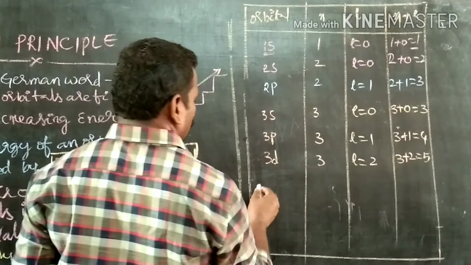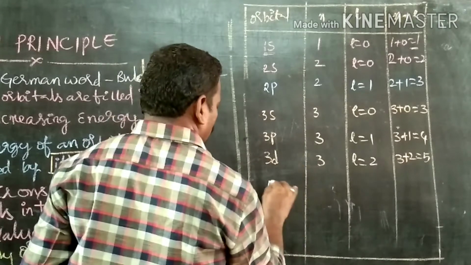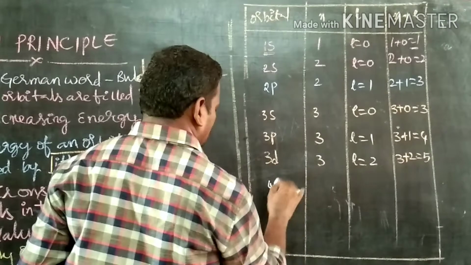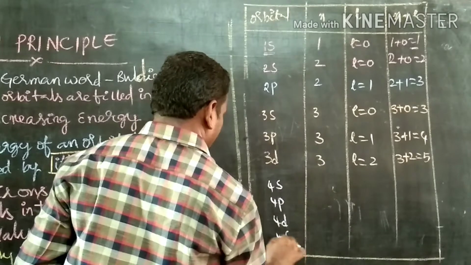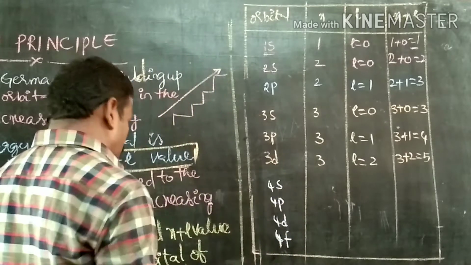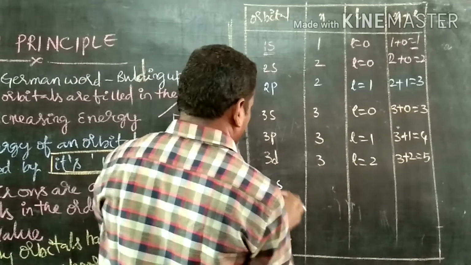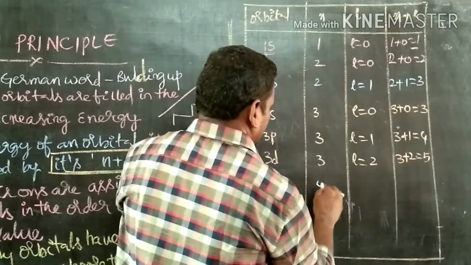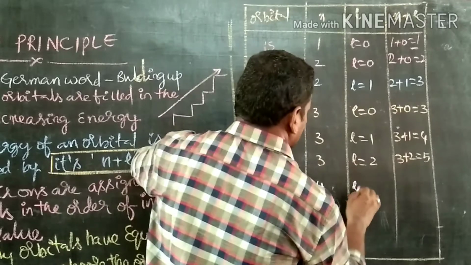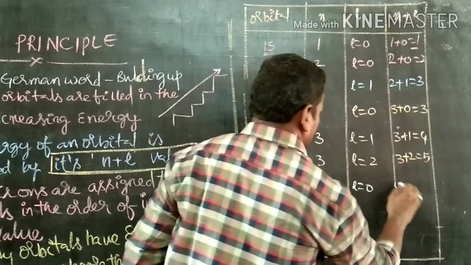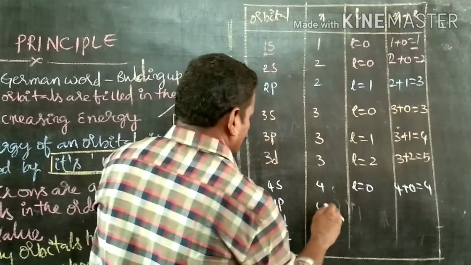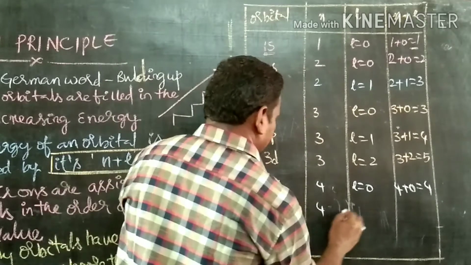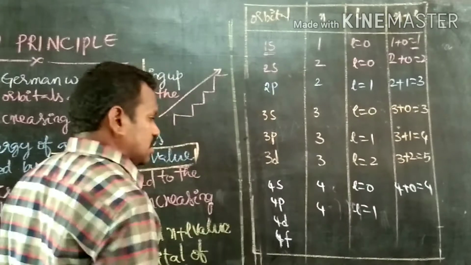Now, if you move on to main level 4, the fourth level contains 4 sublevels. They are 4s, 4p, 4d, 4f. Like that, now you go on solving main level 4. For the s sublevel, l is 0. Then it becomes 4 plus 0, that is equal to 4. For 4p, for p sublevel l is equal to 1.